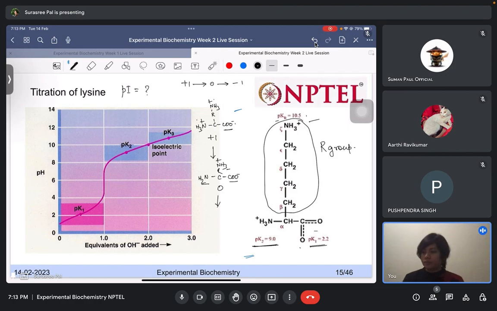And next, what will happen? Next is the pKr, where the R group will change. So the R group will lose its proton. I just didn't tell you one thing: when we are beginning the titration, in the most protonated form, what is the charge of the lysine molecule?